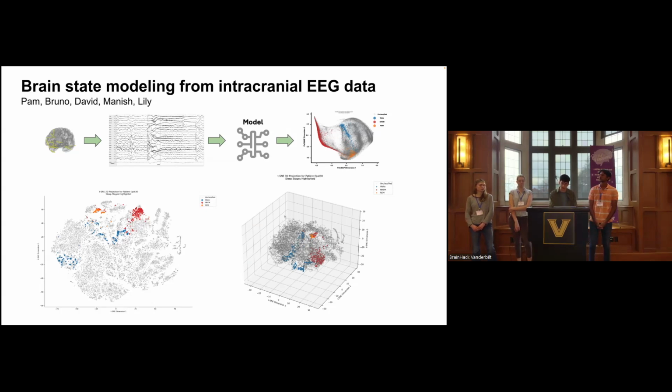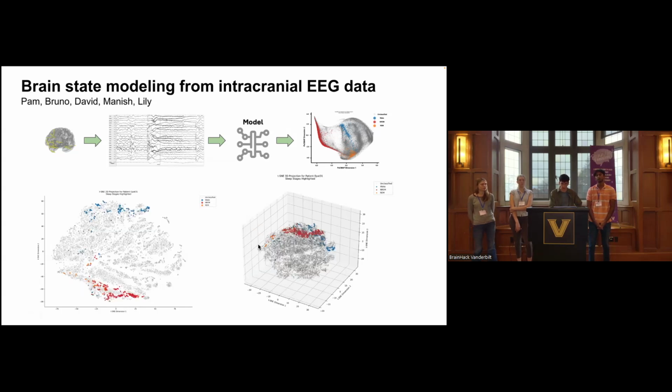And also, Pam did some 3D representations of that data. And as you can see, it's pretty interesting because, for example, the blue dots here, which represent the wake stages, although it might seem as if there's two different clusters in 2 dimensions, like here and here, when you look at it in 3 dimensions, you can see that they actually do kind of align a little bit more consistently, and that when you project down to 2 dimensions, you start losing more and more of that representational structure.